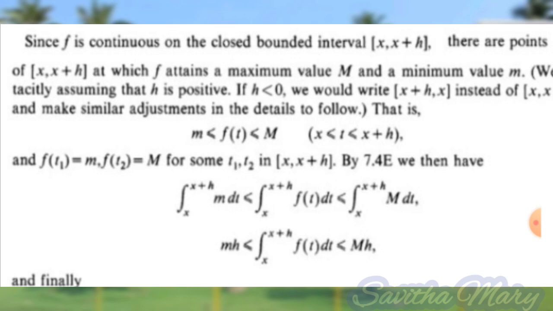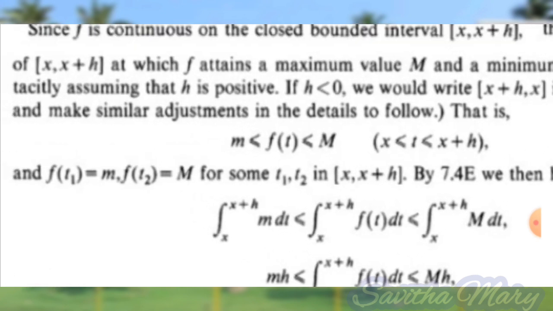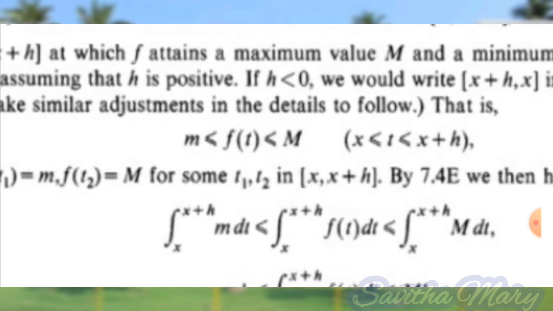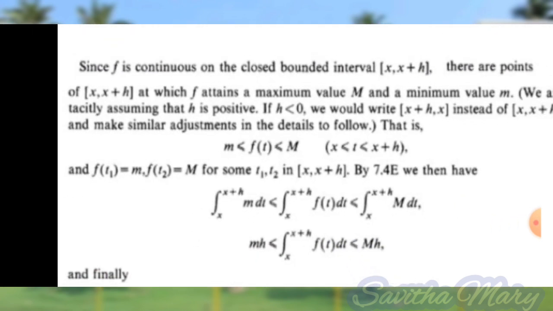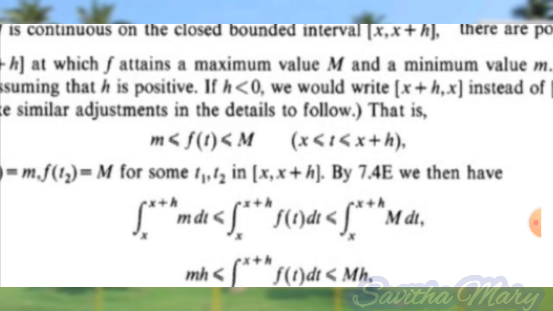I have defined two different points, t1 and t2. When the function takes the value f(t1), it attains a minimum value m, and f(t2) attains a maximum value capital M. So we can form the inequality m less than or equal to f(t) less than or equal to M.